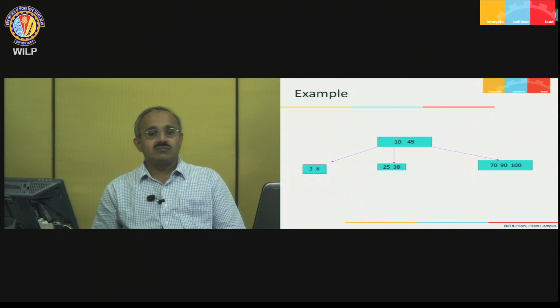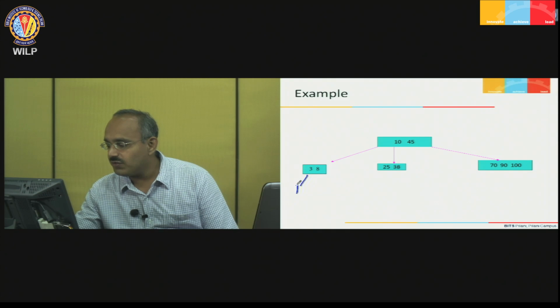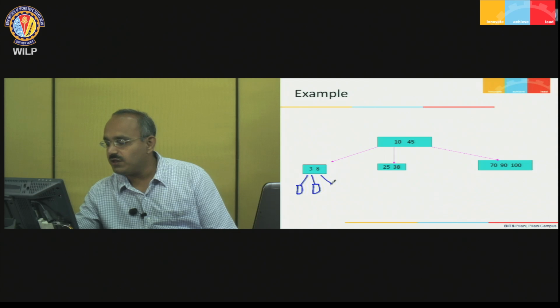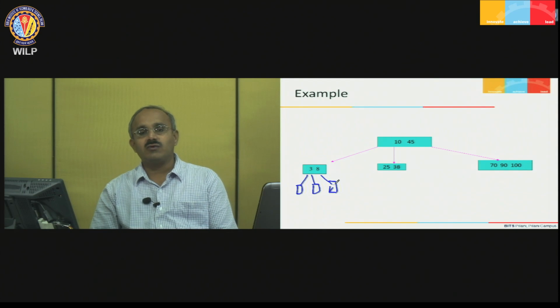This will also have all the external nodes as placeholders. So, for example, since this is a node which is having 2 keys, it will be a 3 node. So, it will have 3 external nodes or 3 null nodes as its children.